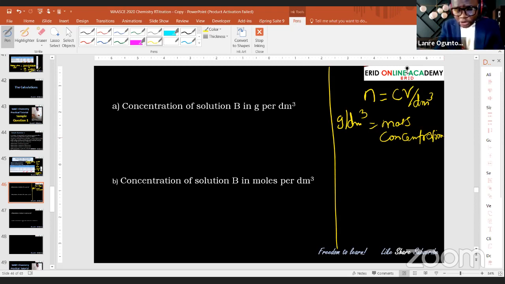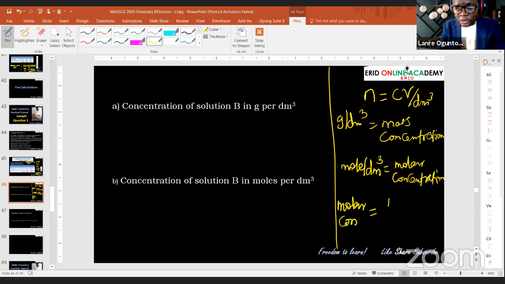So when you say concentration in mole per dm3, what does that mean? Concentration in mole per dm3 simply means molar concentration. So we can combine these two concentration terms together in a formula that says molar concentration is equal to mass concentration over molar mass.